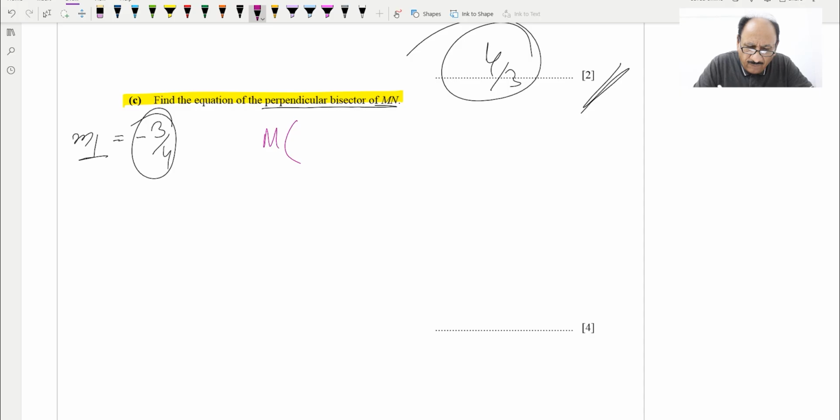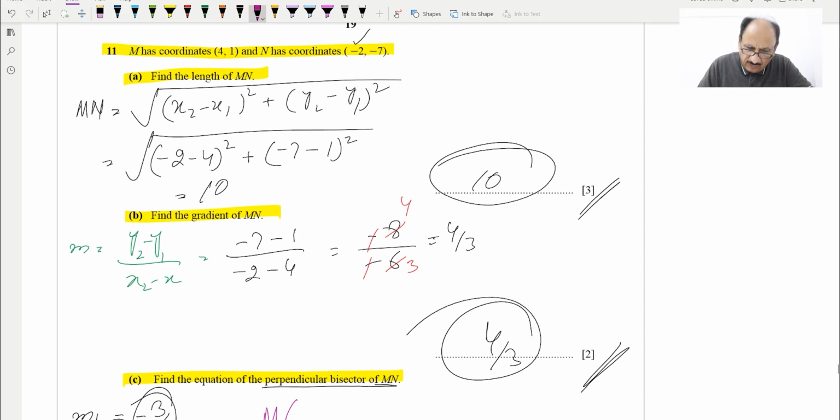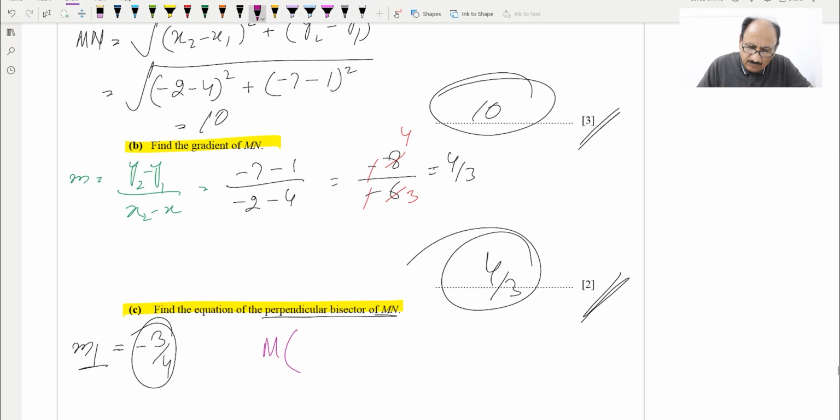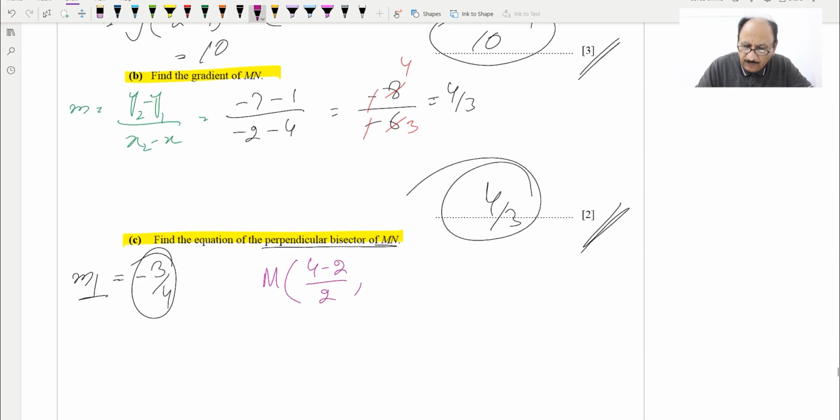So the midpoint of the 2 points: 4 plus minus 2 divided by 2, and the second will be 1 minus 7 divided by 2. This will be the coordinates of the midpoint, which is 2 by 2, which is 1, and minus 6 by 2, which is minus 3. So this will be the coordinates of the midpoint.